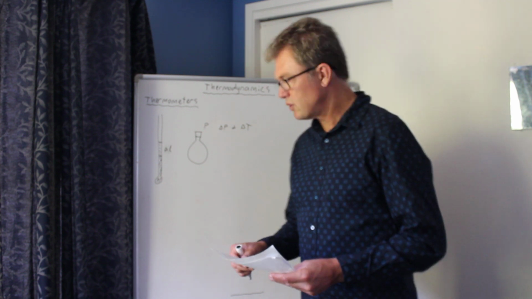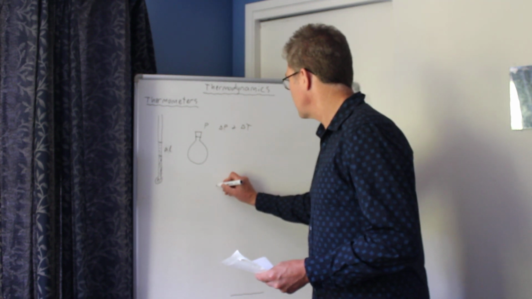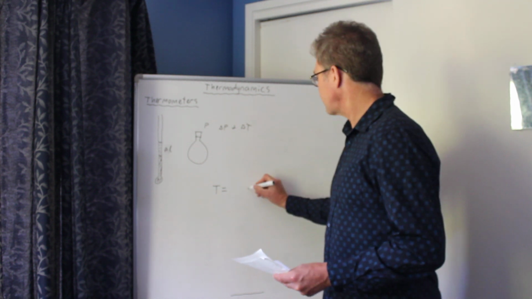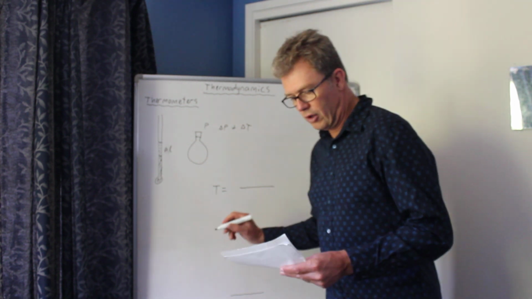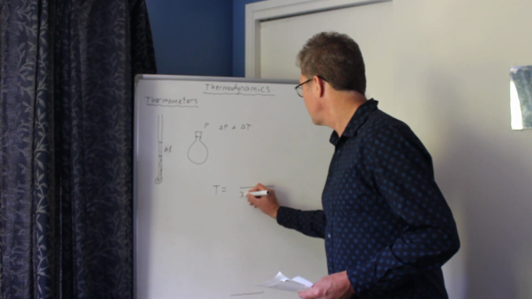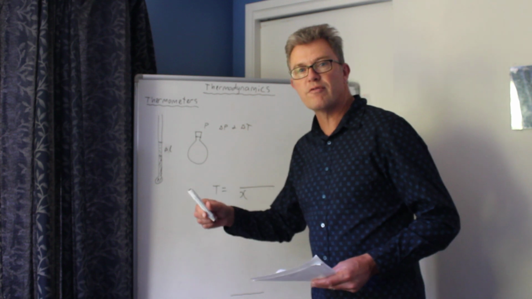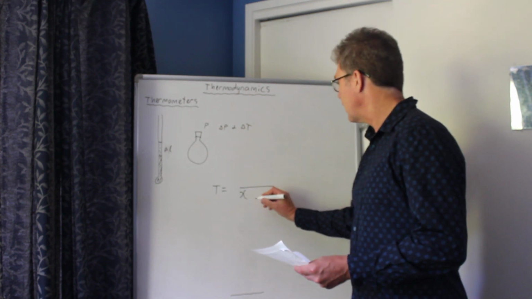So really what we're saying is the temperature is equal to a ratio. On the bottom line we've got the quantity, whether it's length or volume or pressure or EMF or resistance, whatever you're talking about.